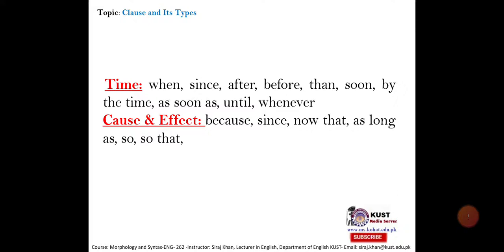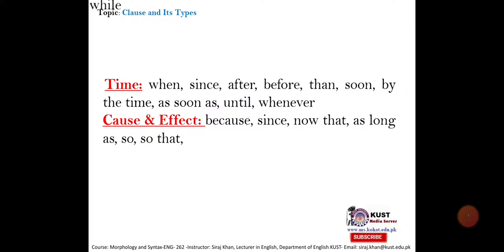It modifies a verb of the main clause in terms of time. We are using subordinating conjunctions for time: when, since, after, before, then, soon, by the time, as soon as, until, whenever. It modifies a verb of the main clause in terms of cause and effect: because, since, now that, as long as, so that.